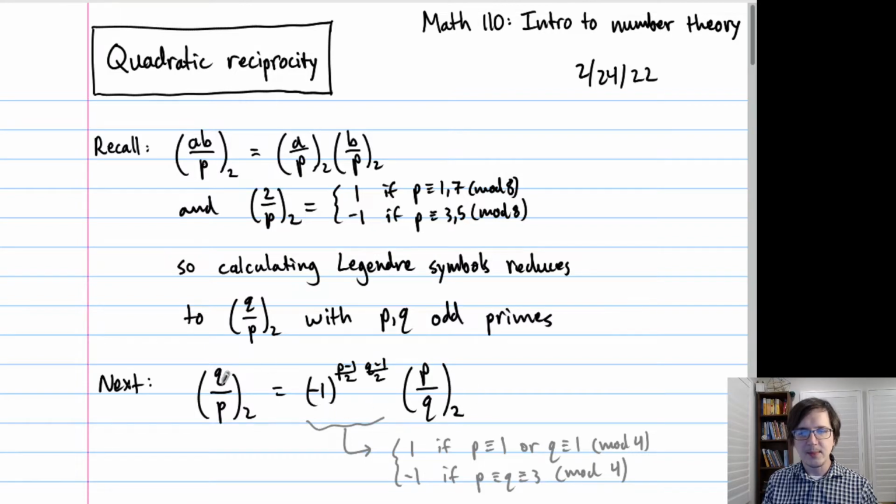If either P or Q is 1 mod 4, then it's perfectly reciprocal, and otherwise it's the negation. So when P and Q are both 3 mod 4, then Q is a quadratic residue mod P if and only if P is not a quadratic residue mod Q.